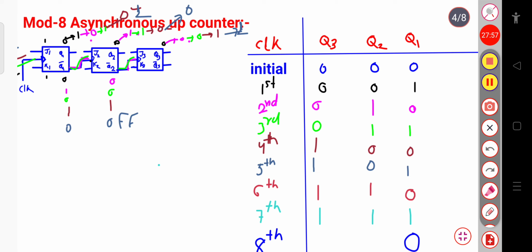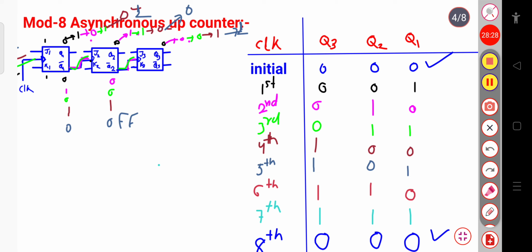Because of the toggling, 1 will go to 0 again. When Q2 is 0, Q2 bar will be 1. It means the third flip flop will get the clock pulse. Because of the toggling, this 1 will go to 0. Now we can see that we have reached the point where we considered the initial condition.